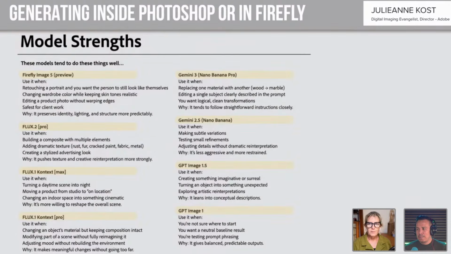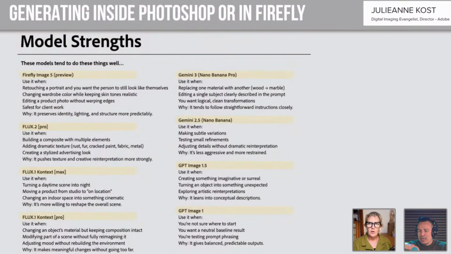But something that people need to understand with Photoshop specifically, this is not necessarily true in Firefly because it works differently. But in Photoshop, where you have the generative fill workflow, if you make a selection around something, let's say you make a selection around my head and tell Firefly to do something, like give me a hat, for example, Firefly has context of the entire image, not necessarily the selection that you created.